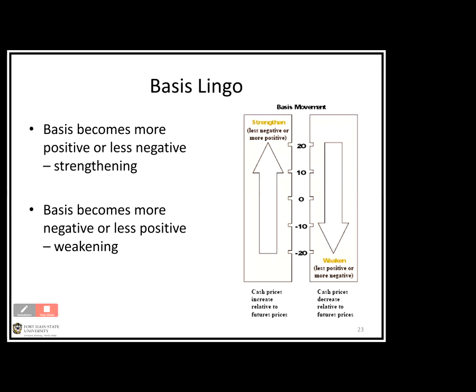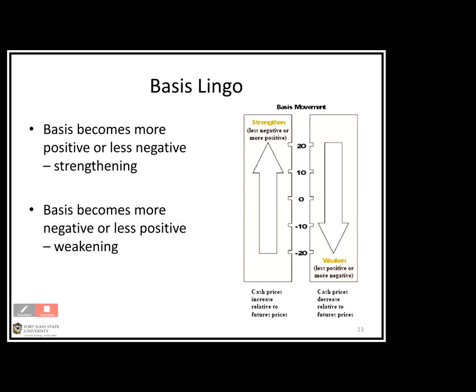Negative 10 is more than negative 20; it's less negative, I guess what we would say. Then that's also strengthening basis. If we say basis is getting stronger, it's moving up, which can either mean becoming less negative or more positive.